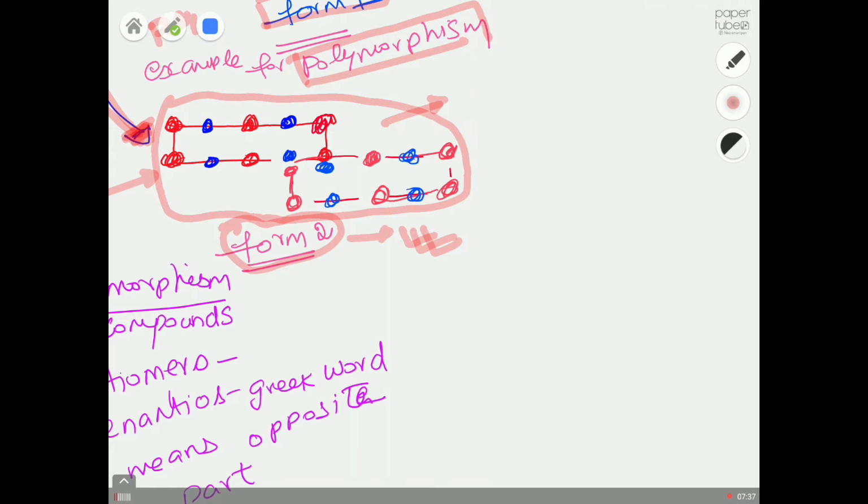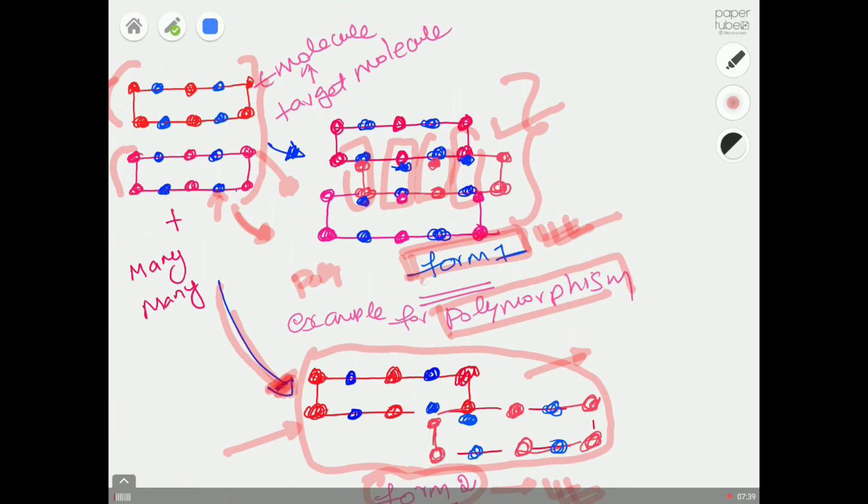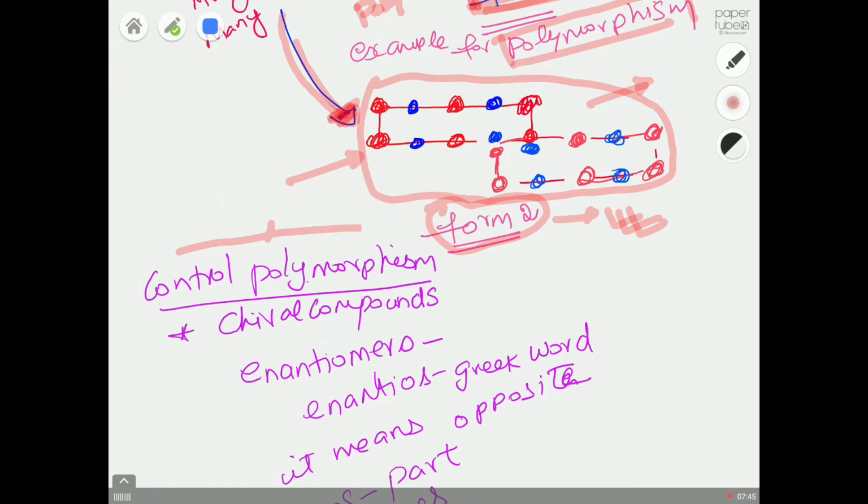Then we have to crystallize just form 1 crystals. So in that case, crystal growth is the only option. No, it's not the only option, but it is the easiest option, and I will tell you why.